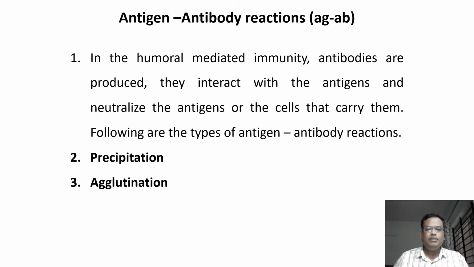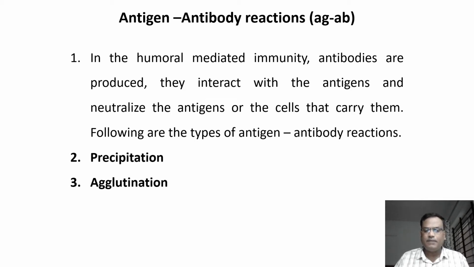In the humoral mediated immune response, antibodies are produced by the plasma cells. These antibodies are going to react with antigen, and those reactions are called antigen-antibody reactions. In the humoral mediated immunity, antibodies are produced. They interact with the antigens and neutralize the antigens or the cells that carry them.